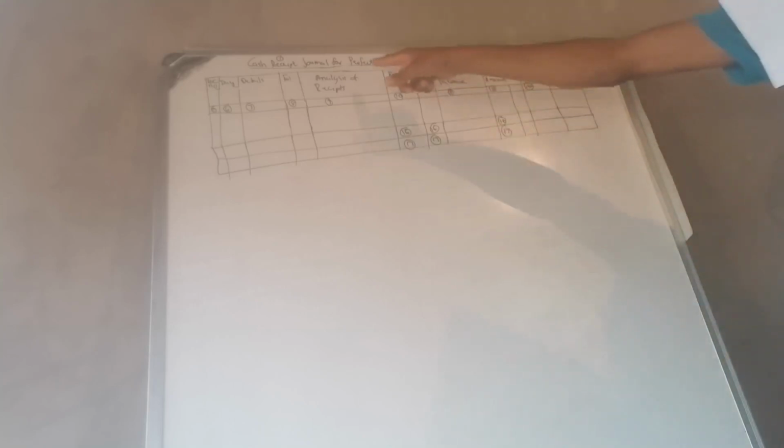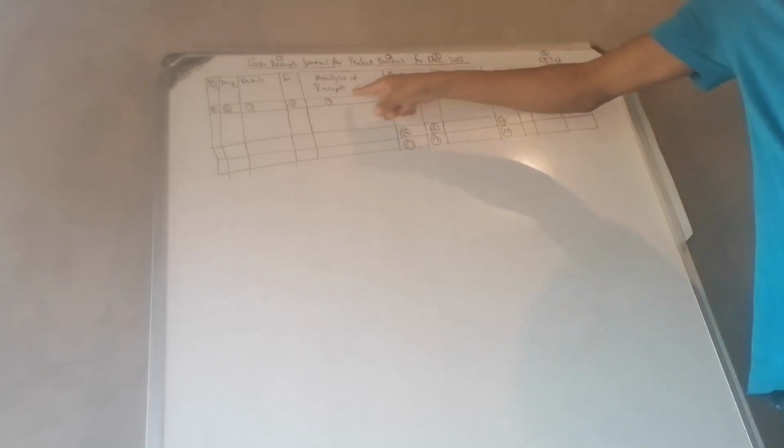But what is this folio? The folio number is the number of the debtor involved. So it is a number. And then number 9, the cash received for each individual transaction in the analysis of receipts. Number 9 is very important because this is the cash received for each individual transaction.